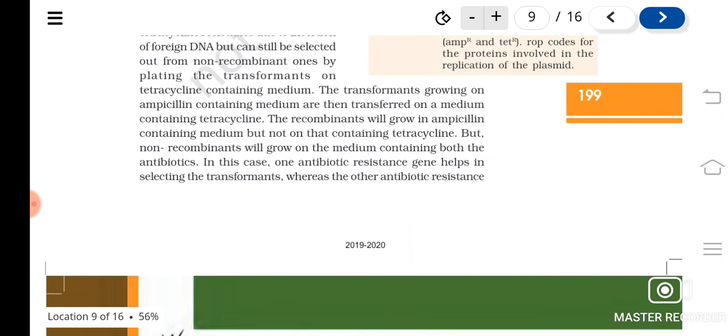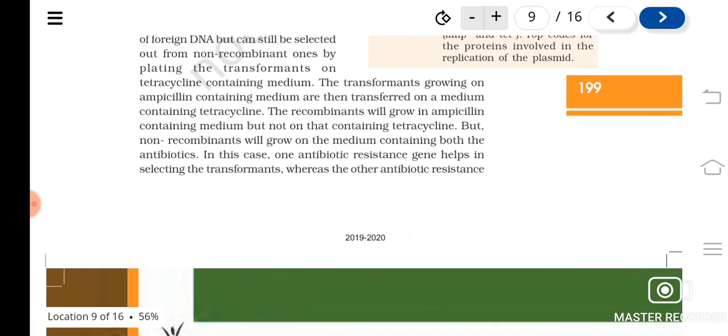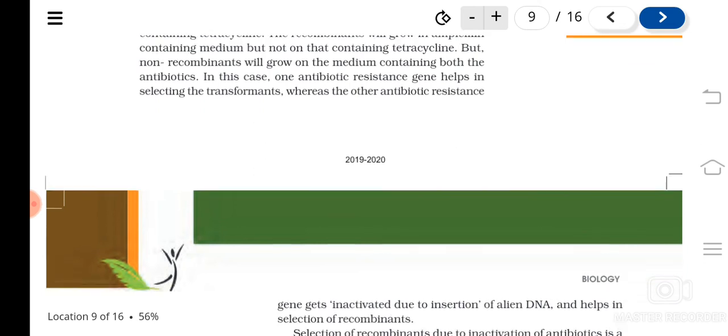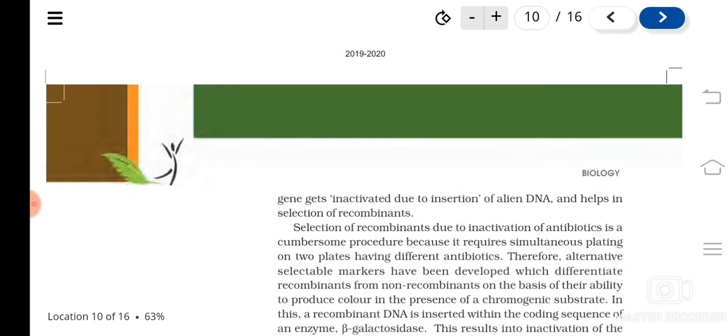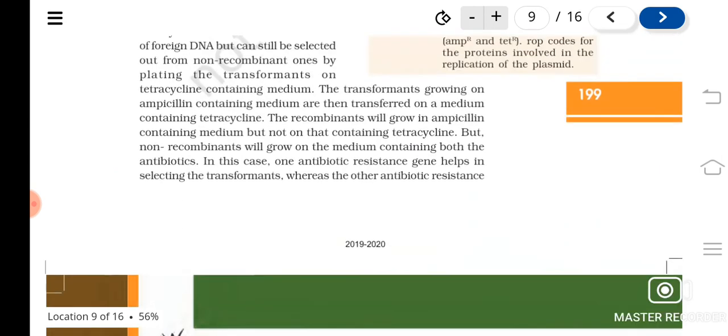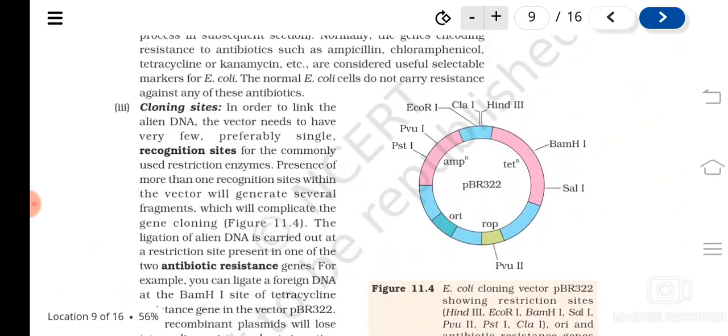So in this, one antibiotic resistance gene helps to select the transformants, and the other antibiotic resistance gene gets inactivated. When the new gene is introduced into the tetracycline resistance gene, it gets inactivated and helps in the selection of recombinants. Understood? So a vector should have a selectable marker, and it should have cloning sites.